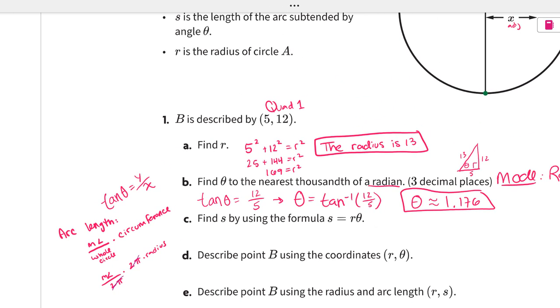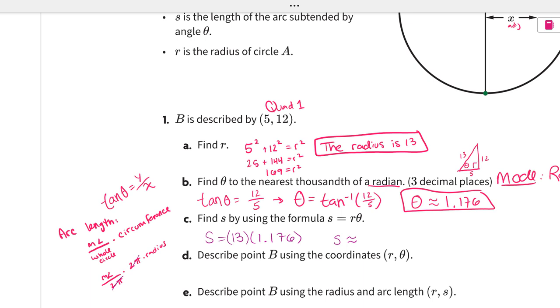So since our radius was 13, we do 13 times 1.176. I'm going to use parentheses. So S equals approximately.